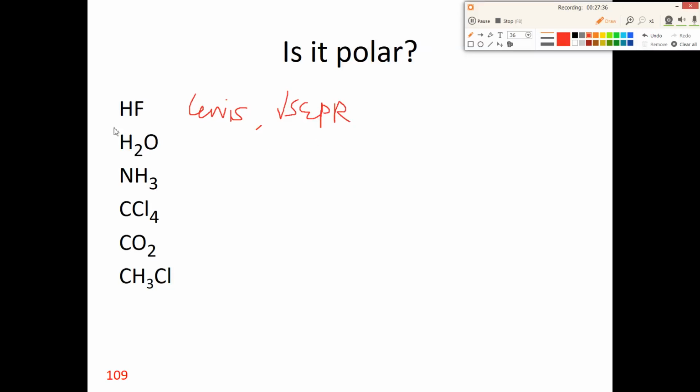Then you can figure out if it is polar or nonpolar. Do those in your notes and show me those practices in your notes. After you send me notes, I'll explain how to figure out polar or nonpolar.